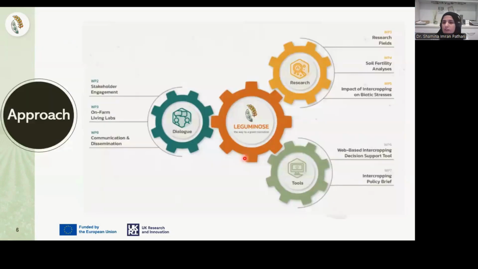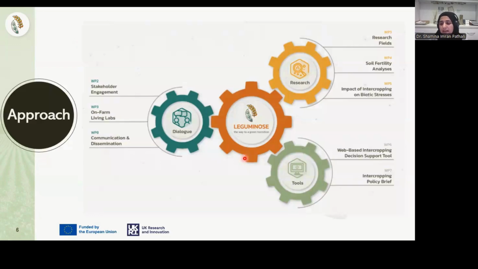Okay, so I will not go through all the work packages, but the project tackles our main goals from different angles, from farm to value chain and to the societal level, and to coordinate our effort, the project is structured into different work packages.